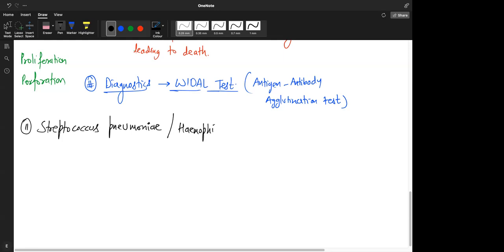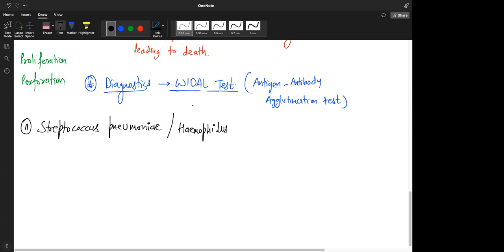And again, I always teach you to look at biology through its words, through the terms. So in Streptococcus, the word cocci tells you about the shape of the bacteria, right? Streptococcus is a cocci shaped bacteria. Do you understand? Yes, sir. And Haemophilus, what does it tell you?